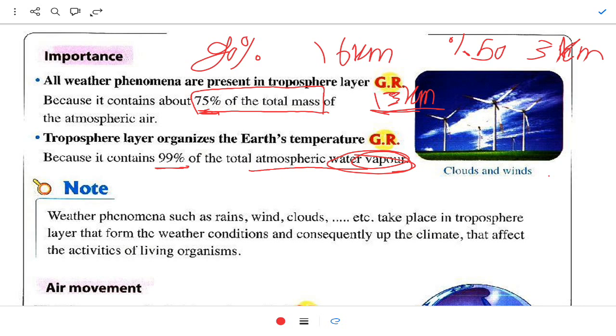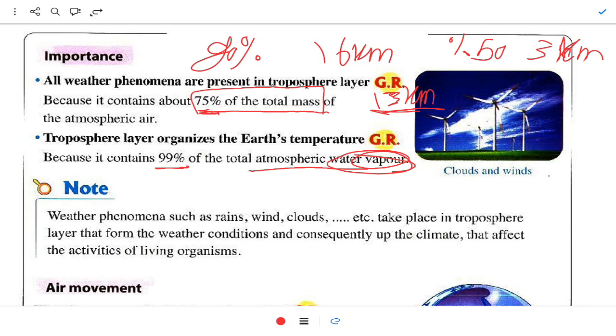And note, weather phenomena such as rains, wind, clouds, etc. take place in troposphere layer. I have told you that the troposphere is the layer in which the weather changes happen.